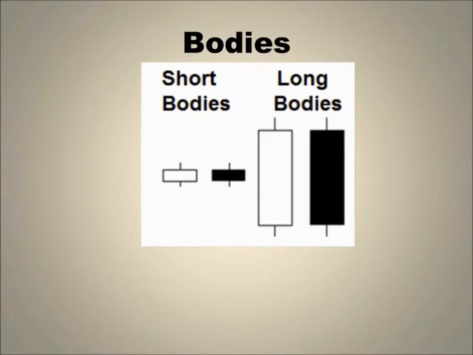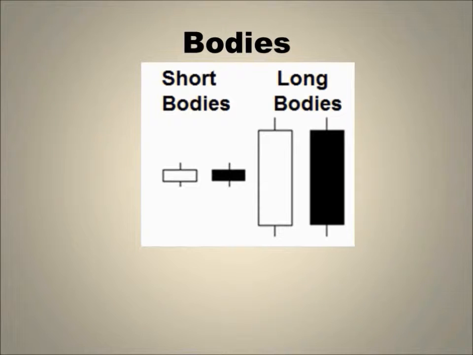The difference between the short bodies and the long bodies is volatility. When we see a short body, it means that there wasn't much action in the session and the bears and the bulls were indecisive in regards to who wants to control the market.